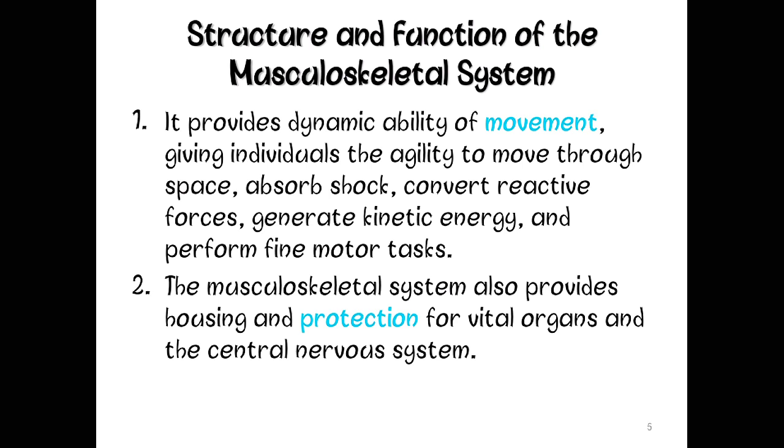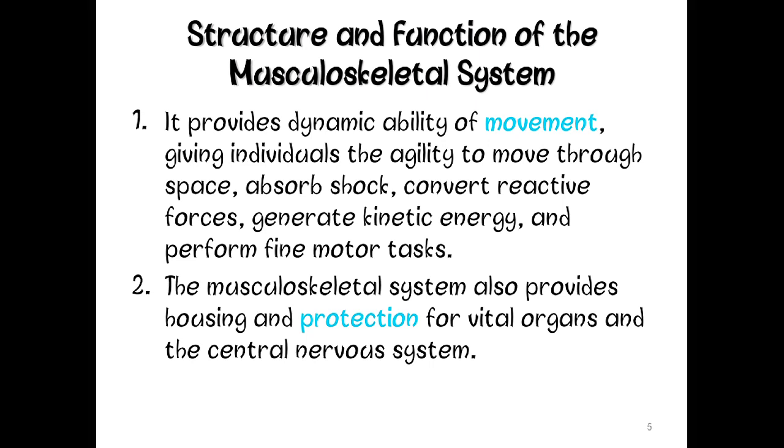So this is how active shock absorption takes place. While on the other hand, we have the passive shock absorption, which is basically comprised of non-contractile tissues like the ligaments and the cartilages, and all of these structures act as a buffer in order to minimize the forces and loads on our bones and on our joints.